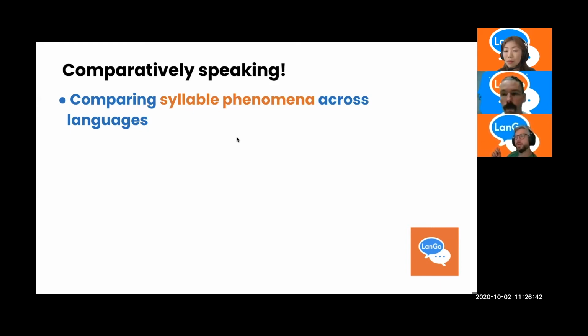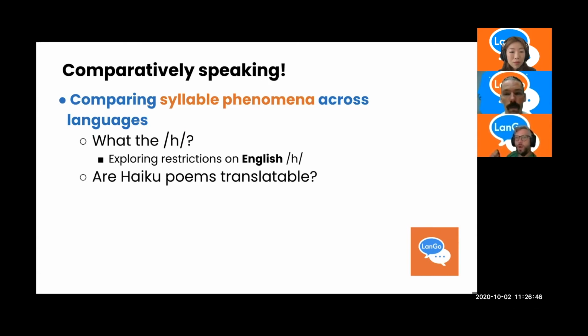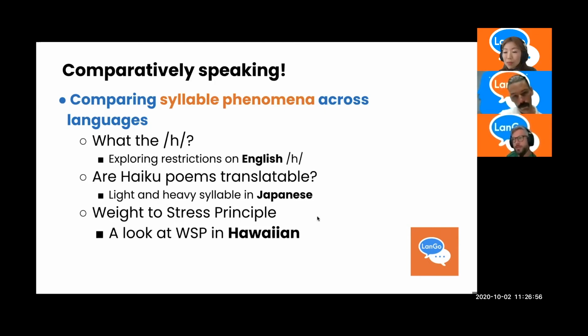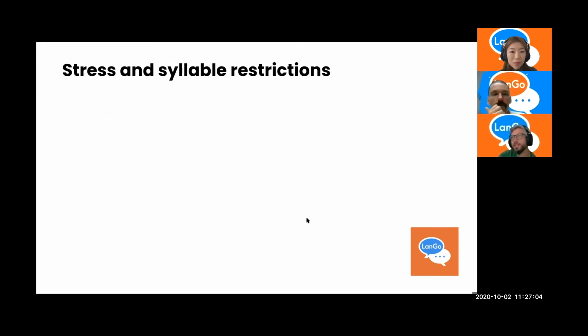And then we're going to do a tiny bit more about phonological theory with weight to stress principle, probably my favorite thing in phonology at this point. We're going to look at weight to stress principle, also called WSP. We're going to look at WSP in Hawaiian and Portuguese, right? So starting off, we're going to look at stress and syllable restrictions in English under the title, What the H?